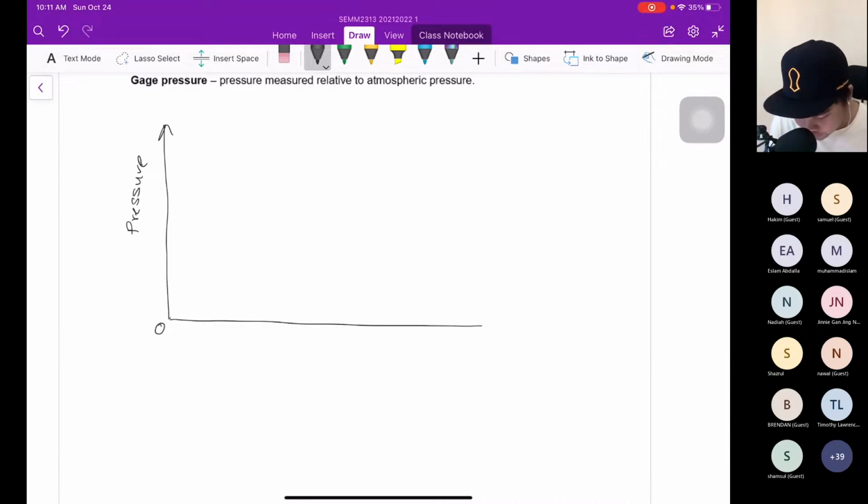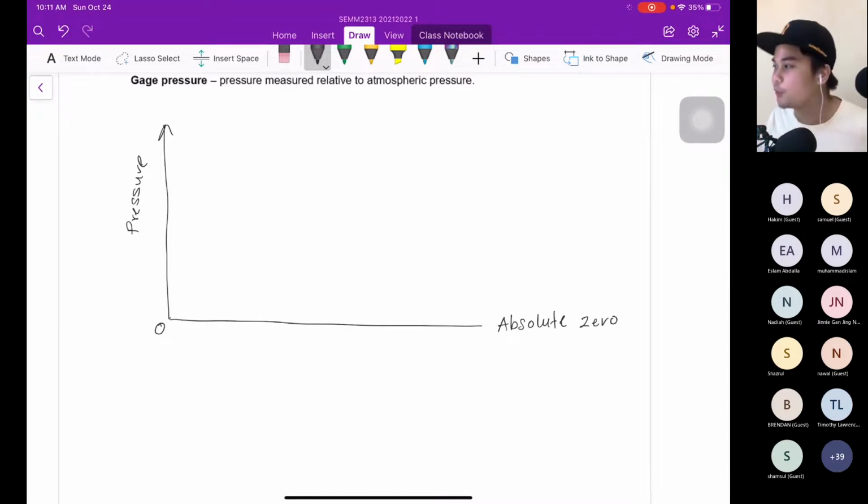We call it the absolute. Do you still remember what is meant by absolute zero? What do you think happens to the molecules when it is absolute zero? Anyone would like to try? Not moving. It is not moving, correct. So that is why we call it the absolute zero. There is no motion at all for the tiny particles.